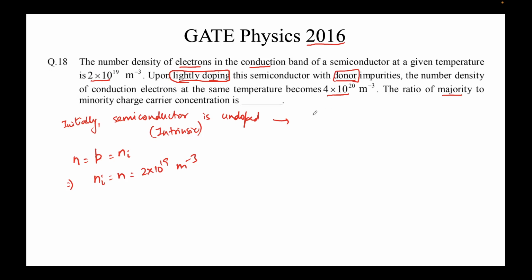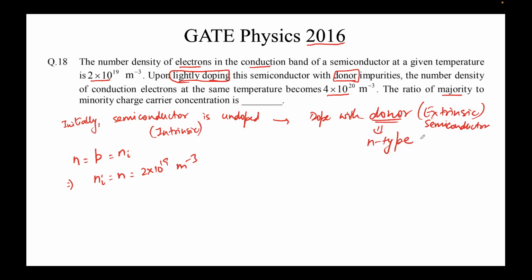So then we dope with donor. This is the second case, and such a semiconductor is known as an extrinsic semiconductor. In this specific case, since we have doped with donor, this will become an n-type semiconductor.